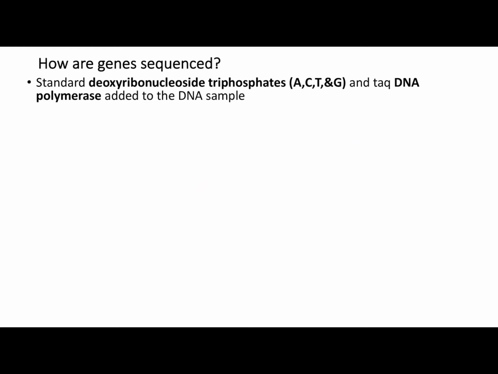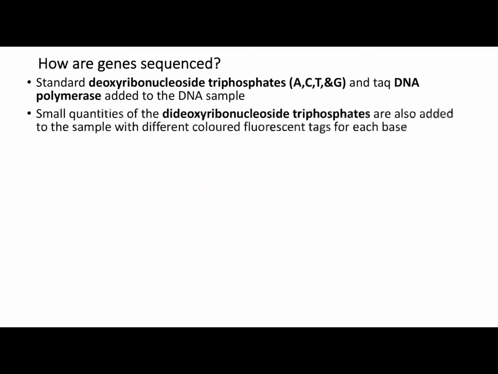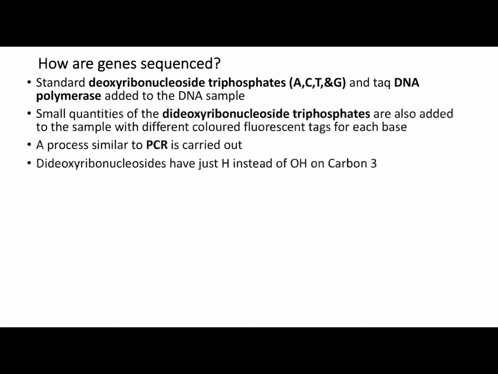So you only need to really sequence one strand to know then the other strand. Very small quantities of the dideoxyribonucleoside triphosphates are also added to the sample with different coloured fluorescent tags for each base. And then the process, very similar to PCR, is carried out. You have the heating and cooling cycles so that lots of different fragments can be formed.